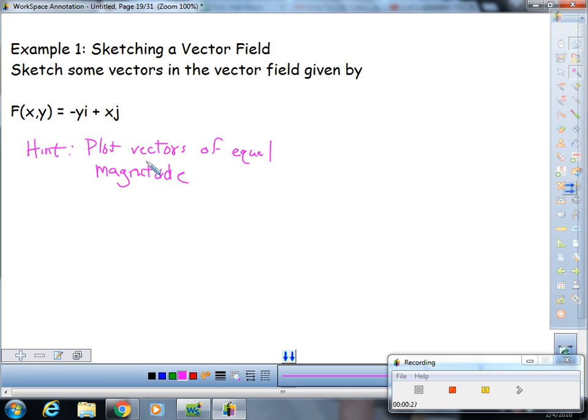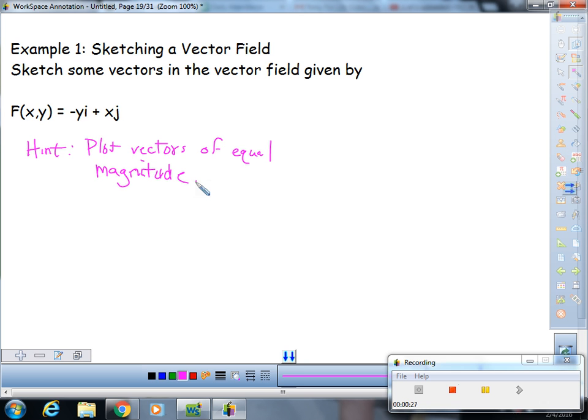If you plot vectors of equal magnitude, you will have your best opportunity to learn what's going on in this vector field. Okay? Keep in mind, how many vectors are in this vector field? Infinite. So if we plotted all of them, we wouldn't learn anything. They would all overlap with each other, and we would never have any idea of what was going on. But if we just plotted one, we would have no idea what was going on.